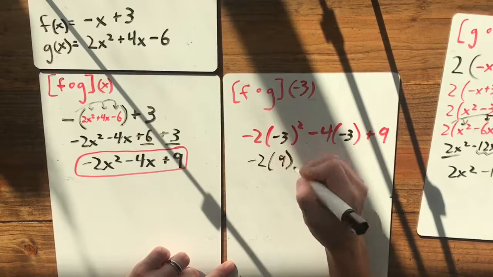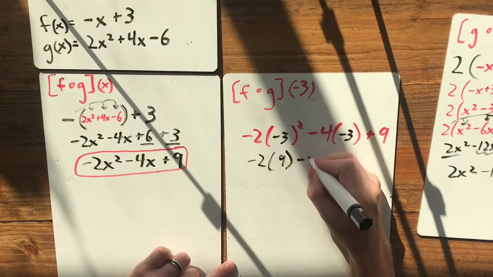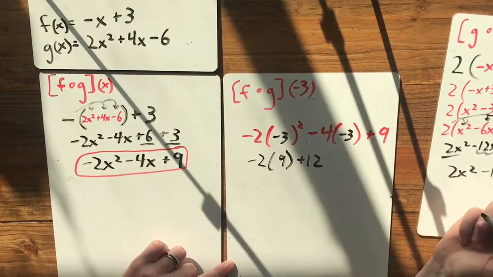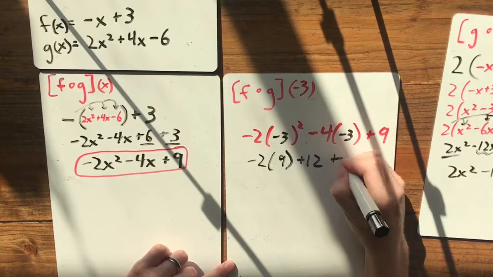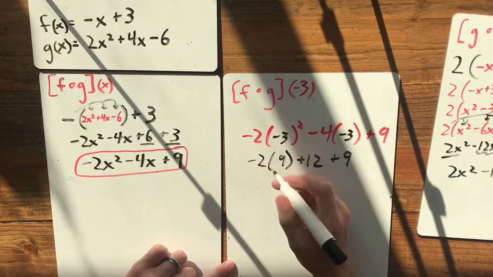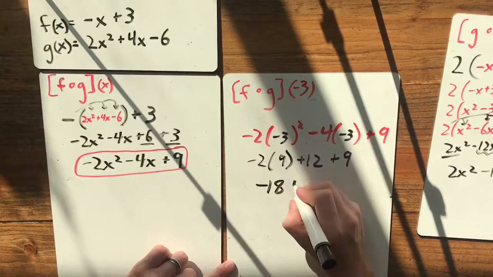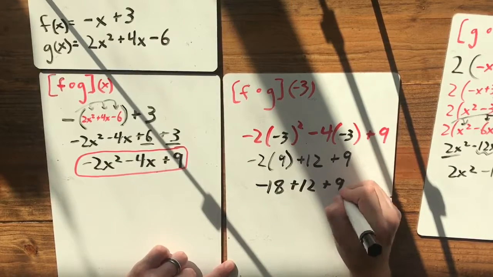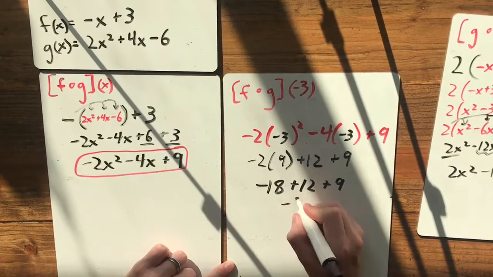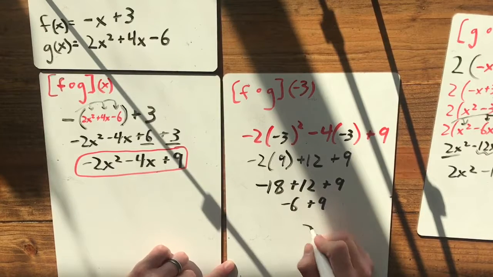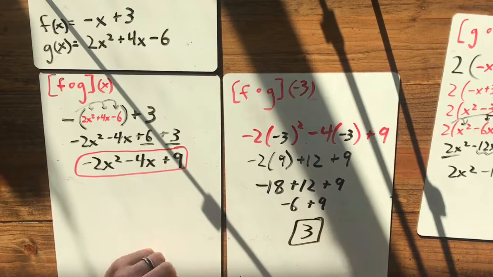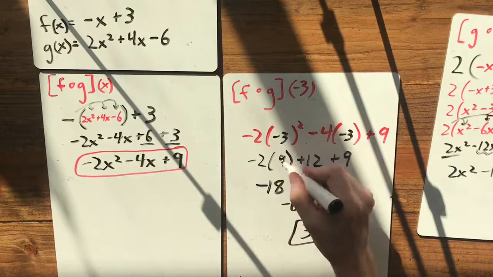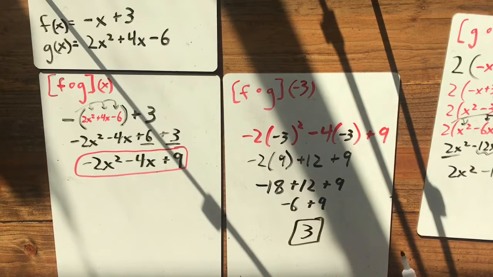Negative 3 squared is positive 9. Negative 4 times negative 3 is a positive 12. Negative 2 times 9 is a negative 18. Plus 12 plus 9, negative 18 plus 12 is a negative 6. Negative 6 plus 9 is 3. Double check just to make sure everything is bueno, and it's fantastic.